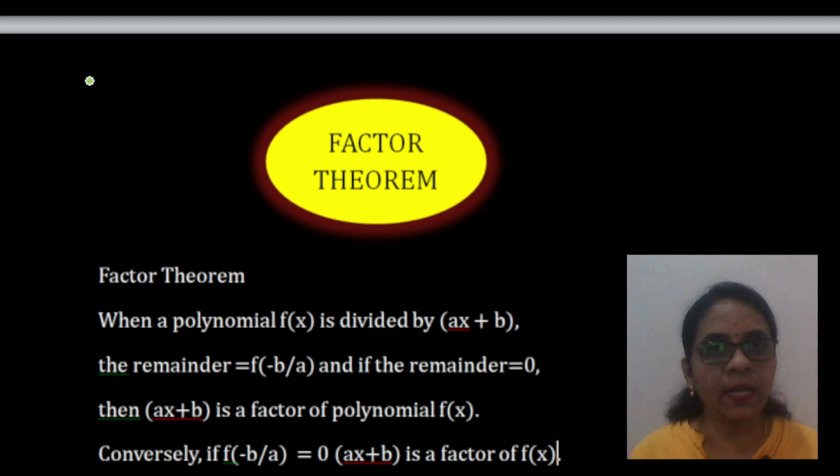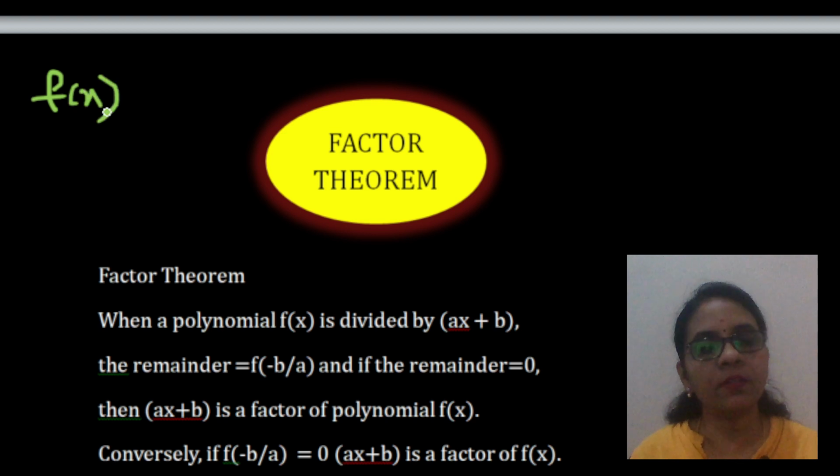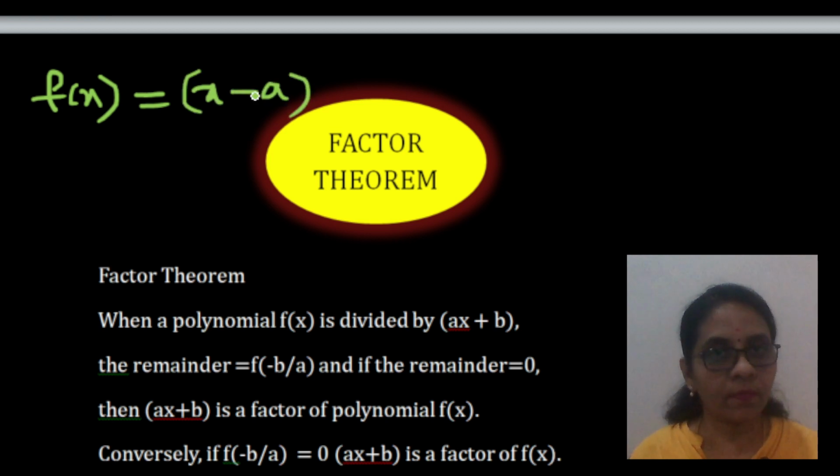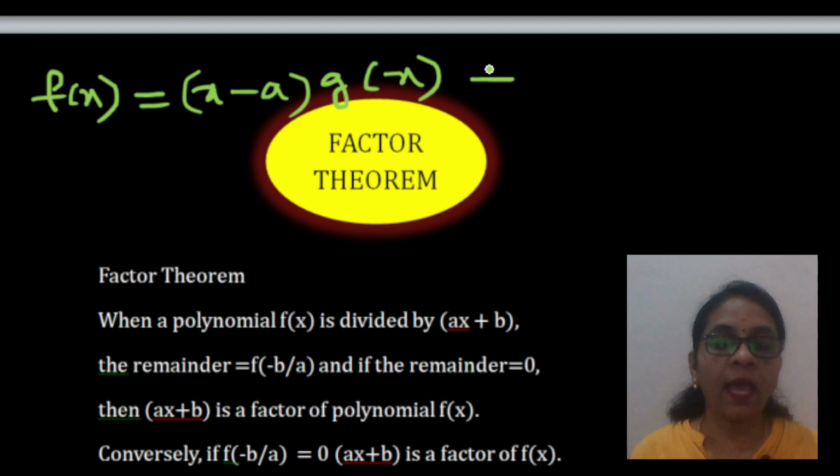So, I am writing this 12 as f of x. So, f of x is equal to, your divisor is x minus a, you have the quotient as g of x and you have the remainder as r.